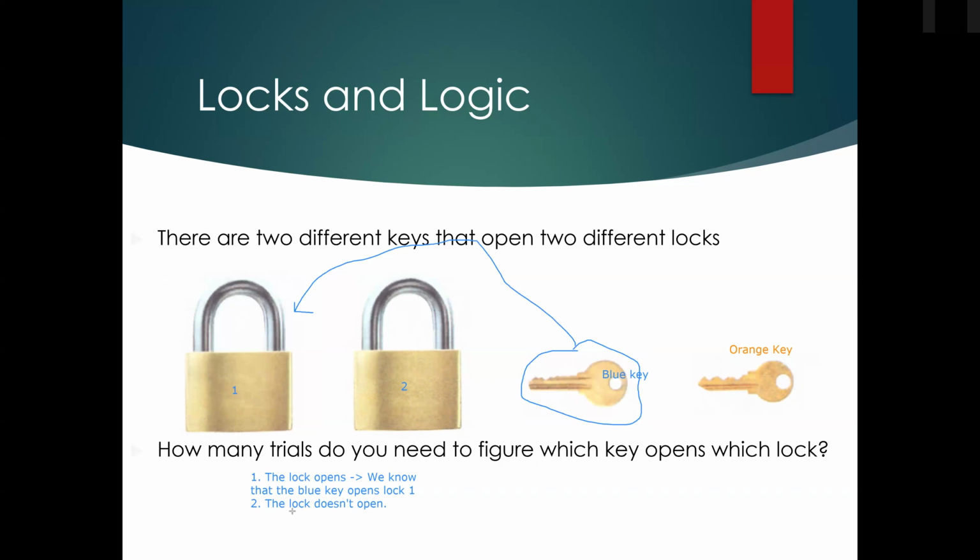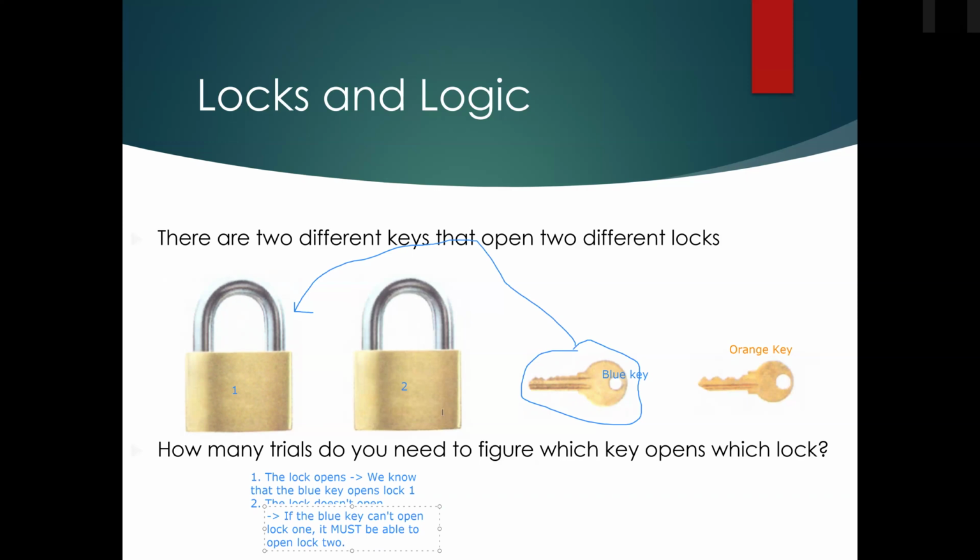But what if that lock doesn't open if we put the blue key into lock one? Well, we know that these keys in a certain combination will have to open both of these locks. This means that if the blue key can't open lock one, it must be able to open lock two.